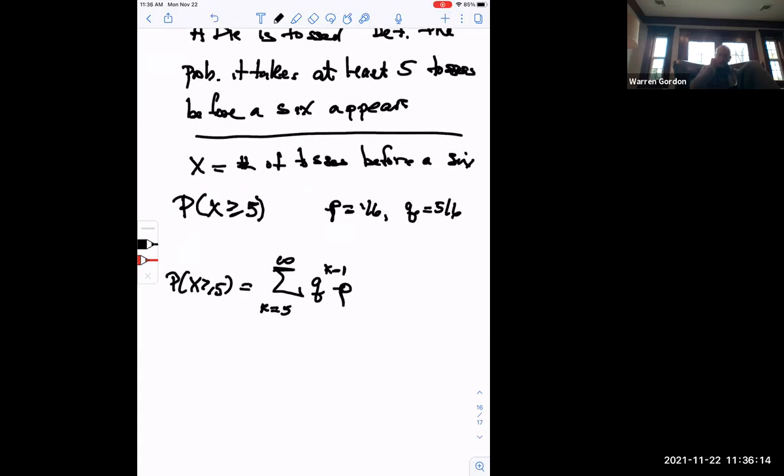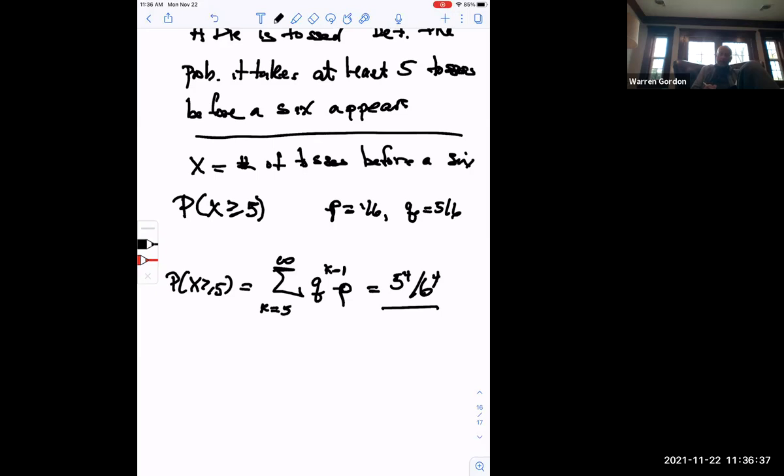Which, by the way, is a geometric sum. Remember, this is a geometric series. The first term of the series with k is 5, this will just turn out to be 5 to the 4th over 6 to the 4th. I'll show you how to do this another way in a minute.